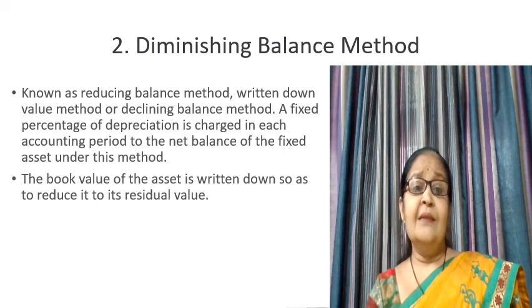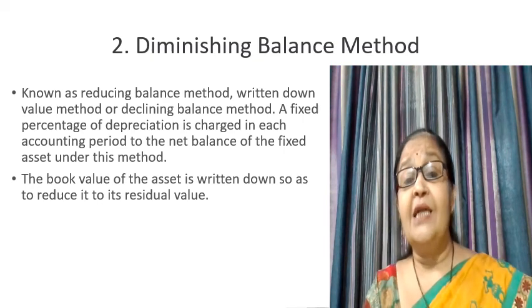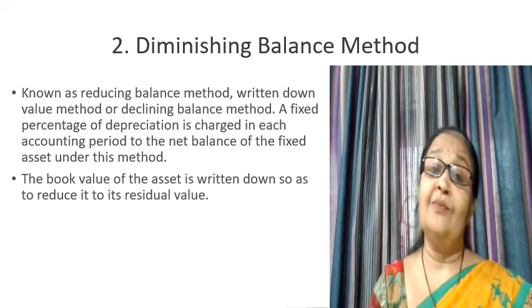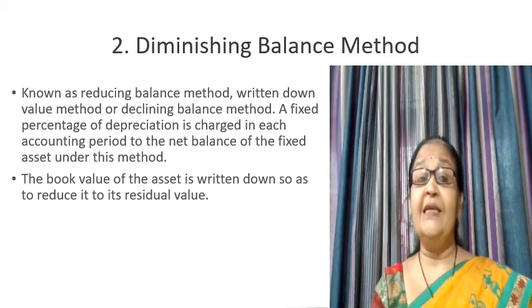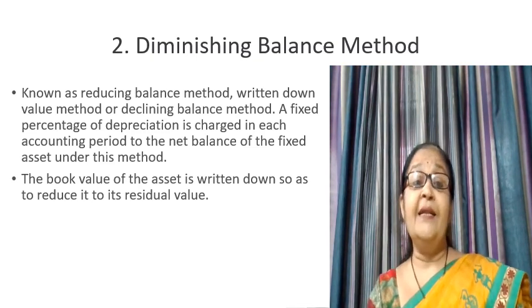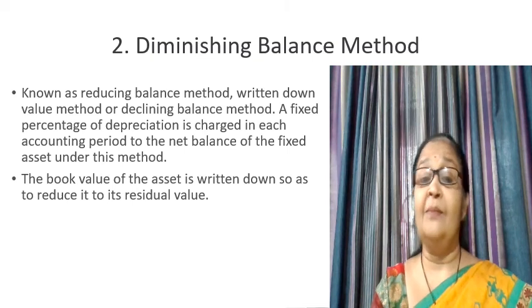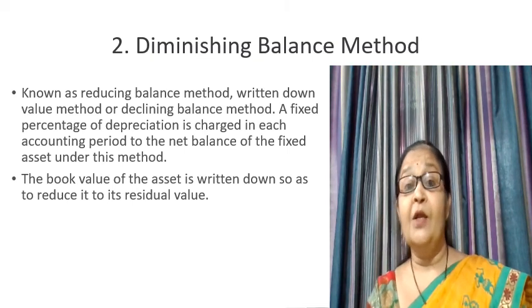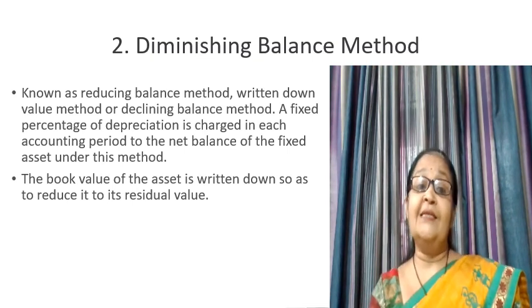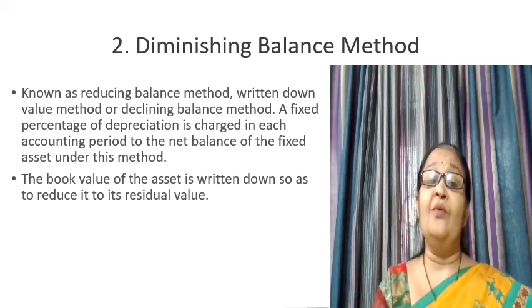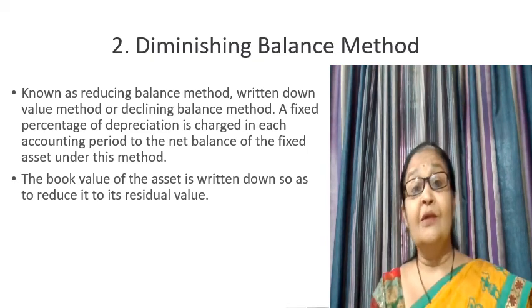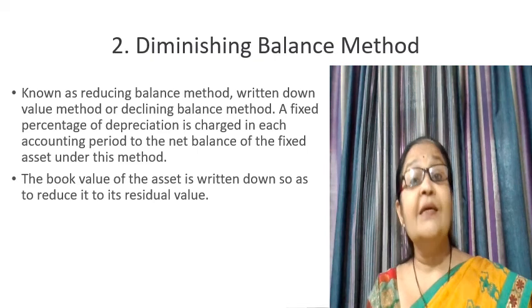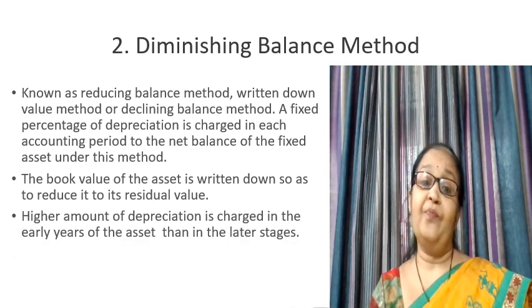Thus, it means the depreciation rate is charged on the reducing balance of the asset. This is the value reflected in the books of accounts at the beginning of the accounting period. So, the book value of the asset is the written down value, reducing to its residual value.